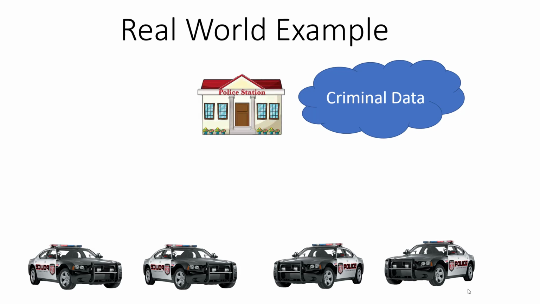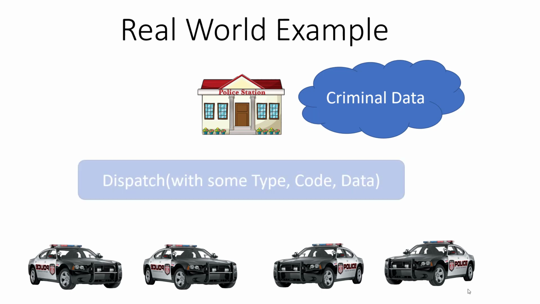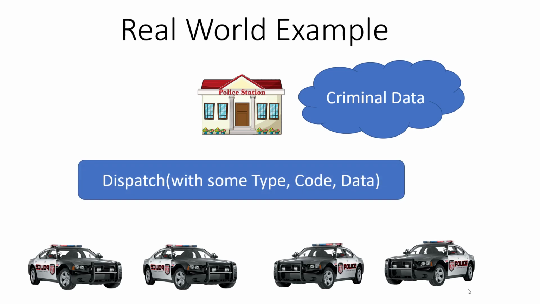In this example, a police station can be a good example, and all of our data will be stored in our police station. And how do they communicate with the police station? Of course, they dispatch. The police officers dispatch to the police station with some type of code, some data, some type, the name of the suspect, and considering the situation, they can say, for example, they have a homicide or anything they want.